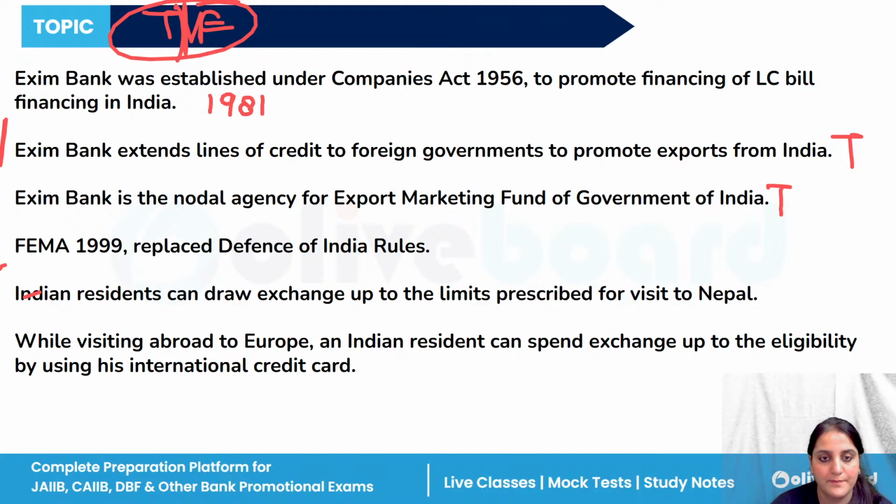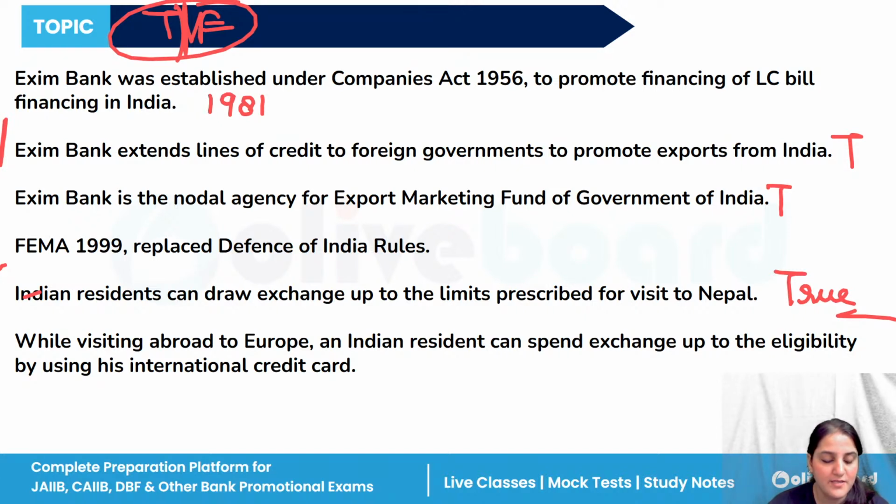True or false? See, this is true. Why true? Because Indian residents are allowed to draw foreign exchange for travel to Nepal within a specified limit set by Reserve Bank of India. True.